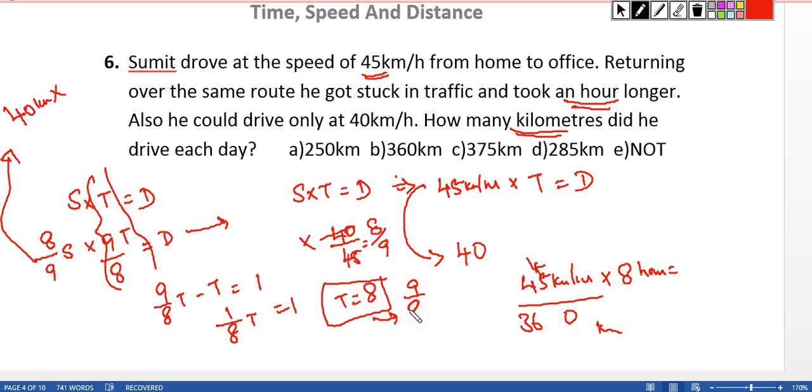So what is 9 by 8 t? That is actually 9 hours, right? So our new time is 9 hours, and so it is 360 km. See, if in both the cases we are getting the same distance, that proves that we are on the right path.